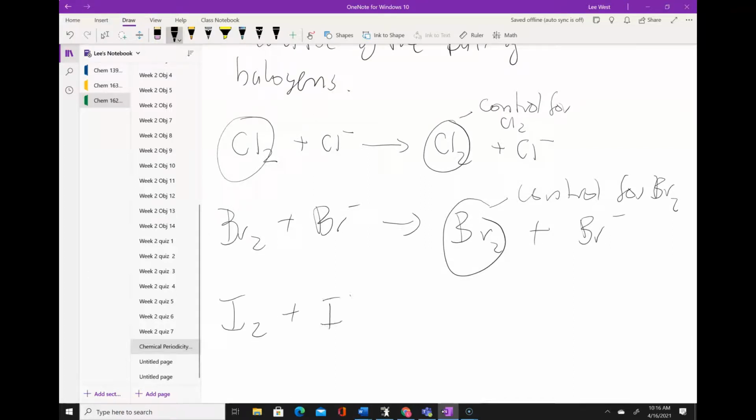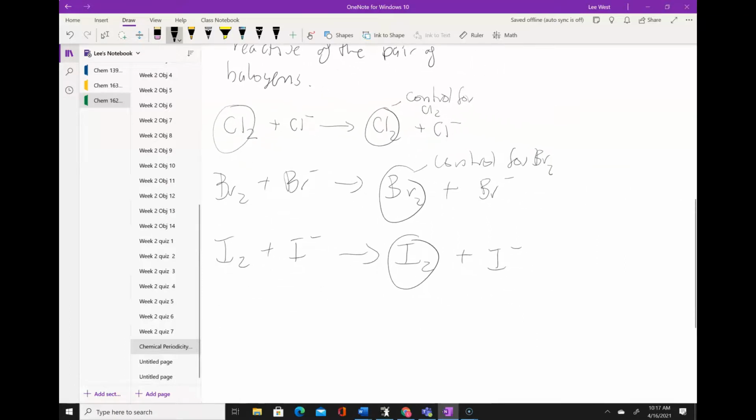Like I said, we're just getting a control. That'll be just our control for iodine. And then when we do the other combos, we will know, because chlorine, bromine, and iodine have distinct colors, whether we've got chlorine, bromine, or iodine in that top layer.